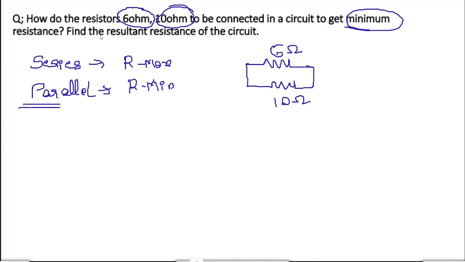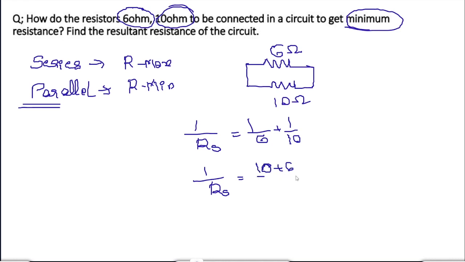Now we connect these two resistors in parallel, and the resultant resistance of this circuit is 1 by Rs equals 1 by 6 plus 1 by 10. Here, what is the LCM of these two? 1 by Rs equals 10 plus 6 by 60, so this will be 16 by 60.